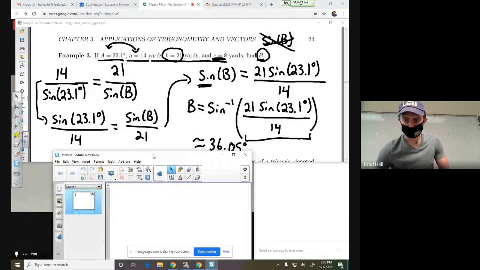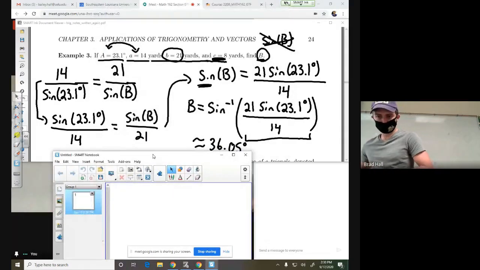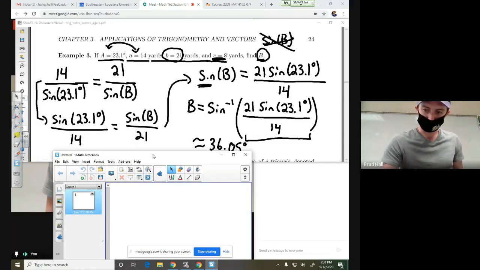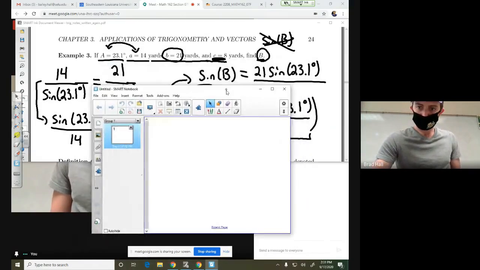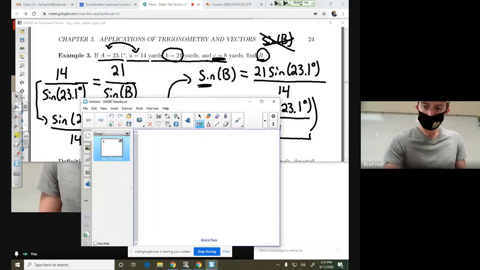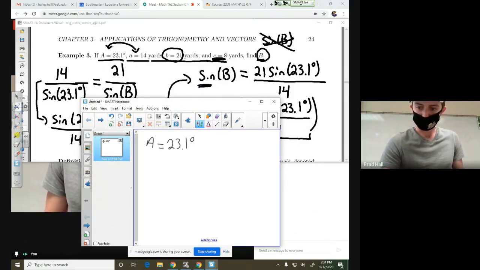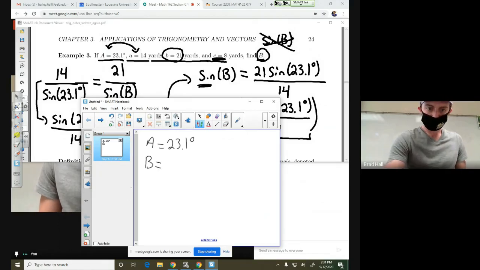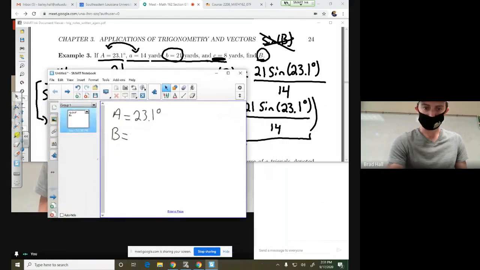if we were to solve for this triangle. So if anything, we have that A is 23.1 degrees. We thought that we found B is equal to 36.05.